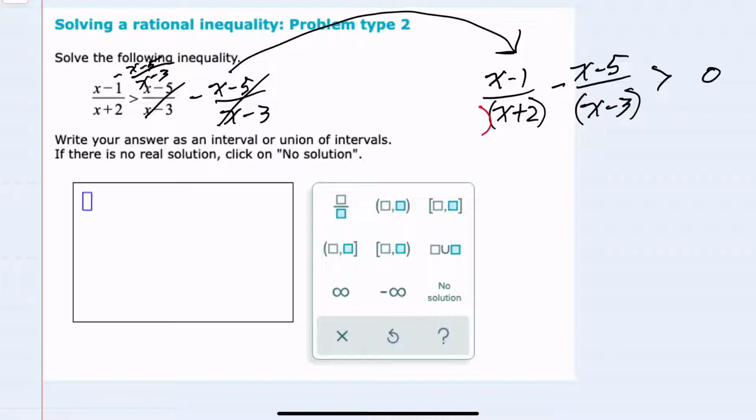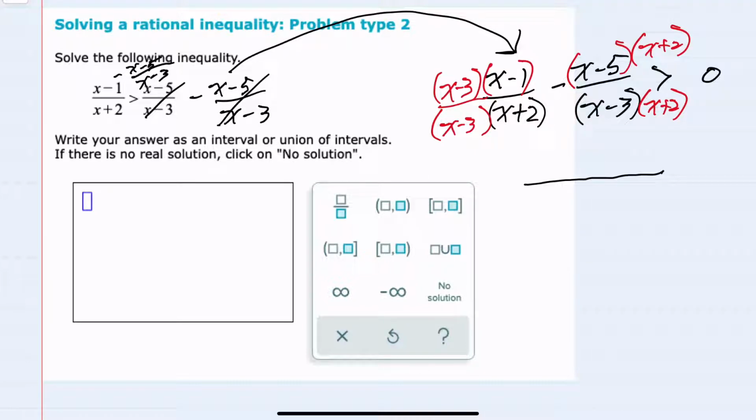So to get a common denominator, I'll need an x minus 3 on this left-hand side, and I would also need it in the numerator, x minus 3, so that in effect, I'm just multiplying by 1. Then on the right-hand side, I need the x plus 2 in the denominator, so I would need to also multiply the numerator by x plus 2. This would allow me to have a common denominator of (x minus 3)(x plus 2).